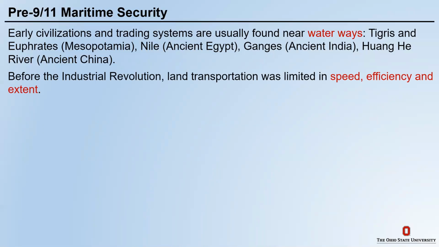Why? Because water is something you need to live, for human beings and all types of life on this planet. And rivers, especially big rivers, are convenient for transportation. That's another reason. Before the Industrial Revolution, land transportation was limited in speed, efficiency, and extent.